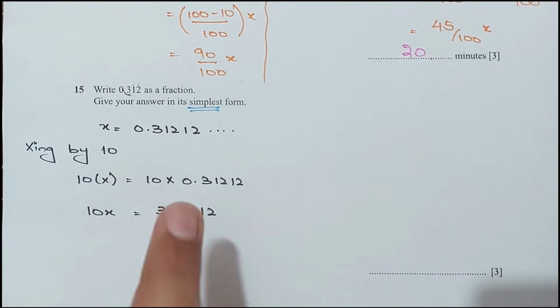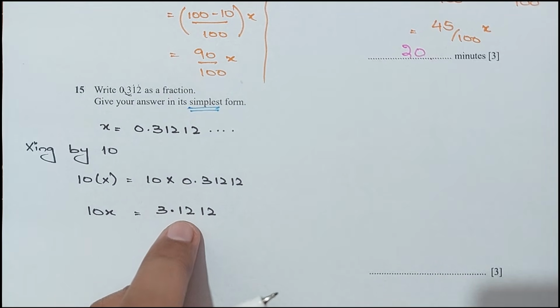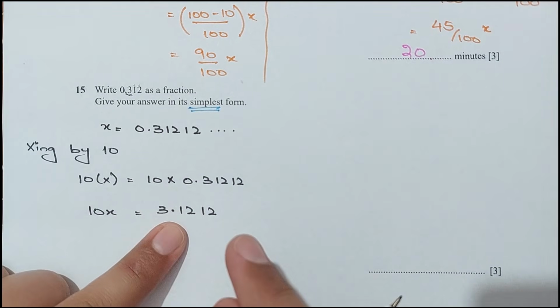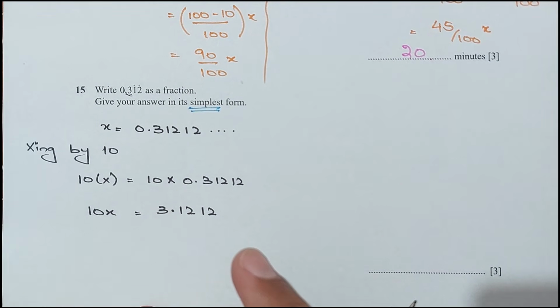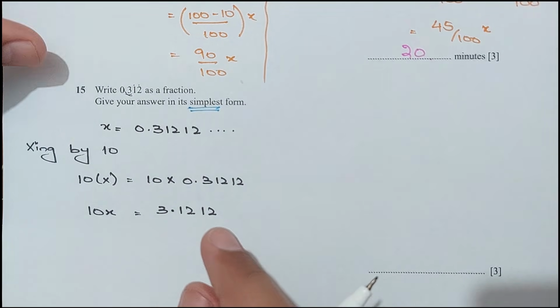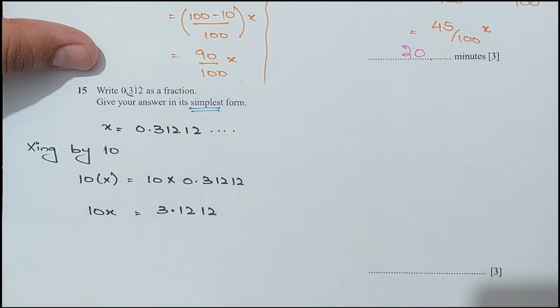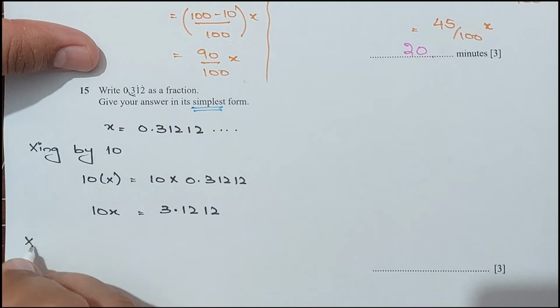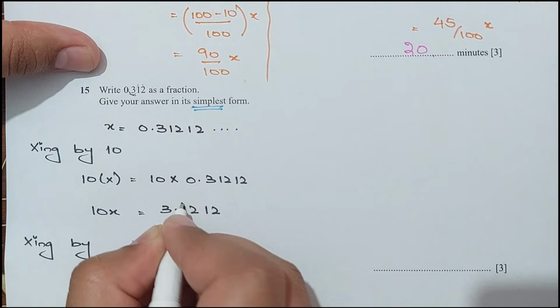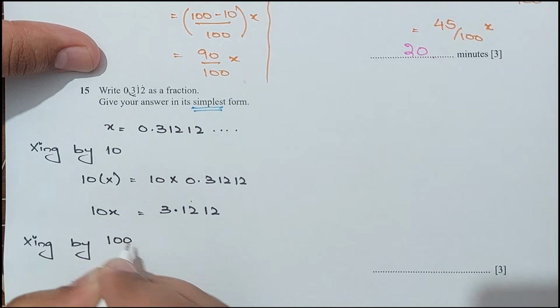Recurring, right? Now you have to move the two numbers which are recurring before the decimal point. If there is one number, you have to multiply by 10. If there are two, multiply by 100. If there are three, multiply by 1000, okay? Depending on the numbers, you have to increase the zeros. Now the two digits are recurring, so multiplying by 100.